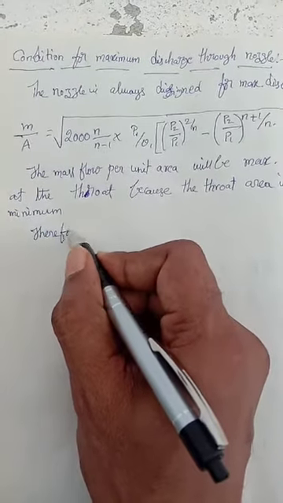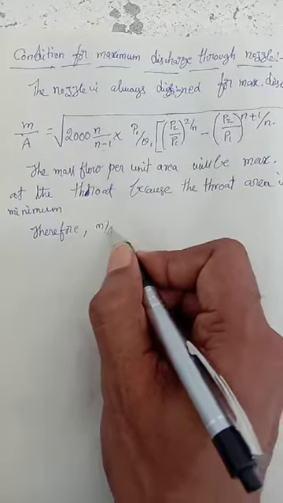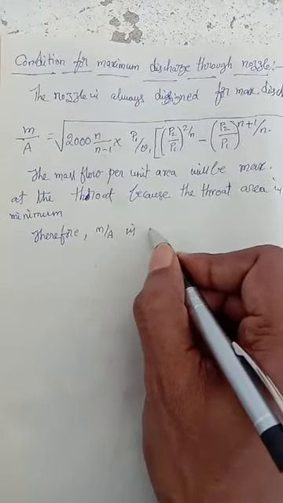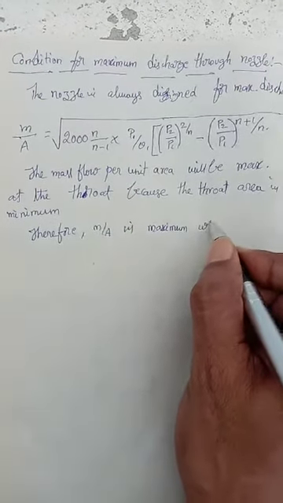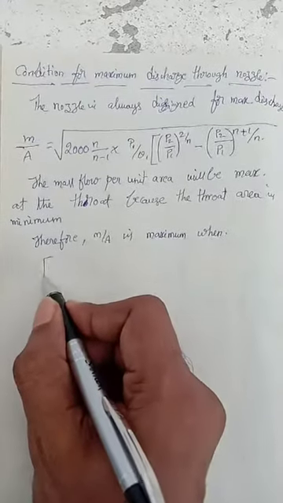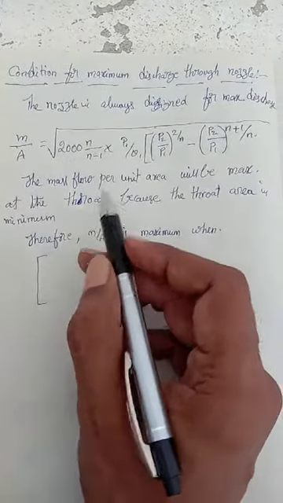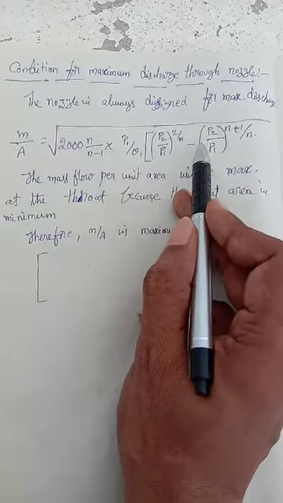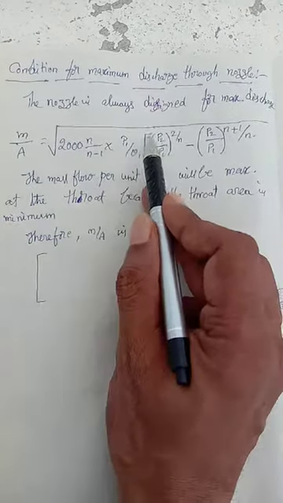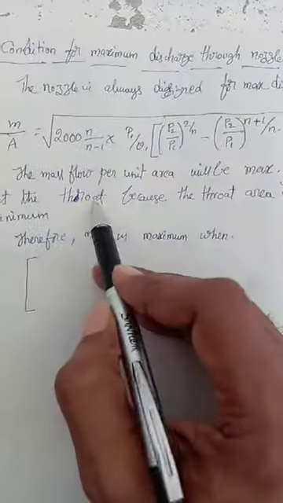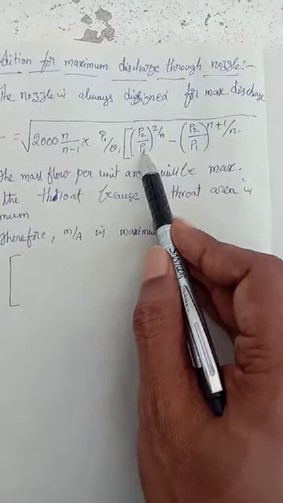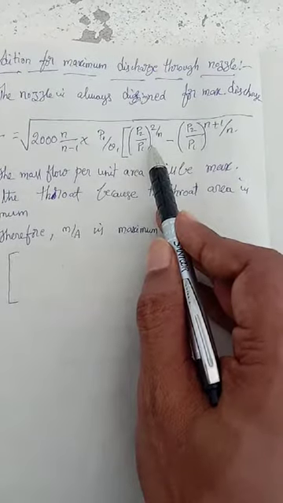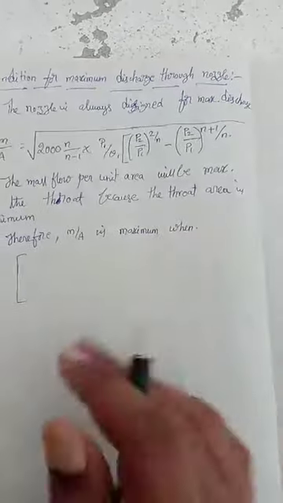Therefore m by a is maximum when, as we said, in the above equation the discharge through nozzle is a function of P2 by P1. So since the throat is minimum, the discharge is a function of pressure ratio P2 by P1. Then we can take this expression separately.